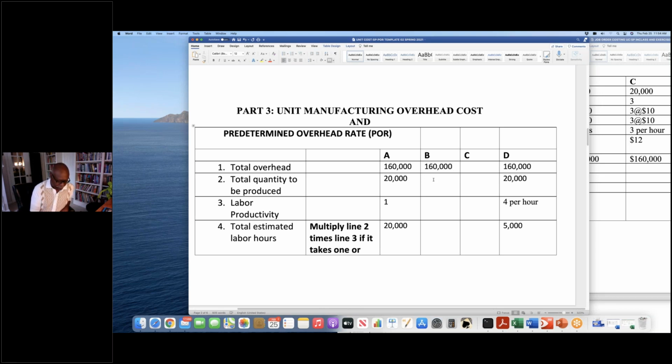How many are we making? 20,000. What's our labor productivity? 2. So how many hours is it going to take to make these items? 40,000 hours.